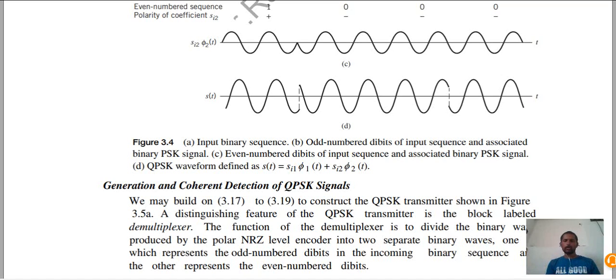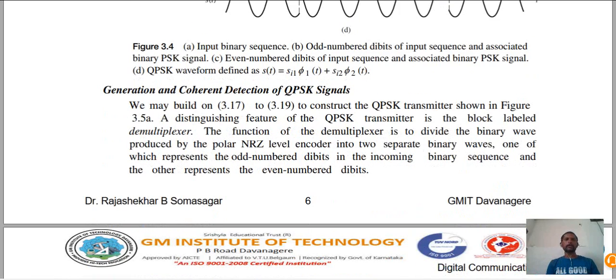Next I will move on to the generation and coherent detection of QPSK signals, that is, how to transmit and how to detect or receive the QPSK signal.